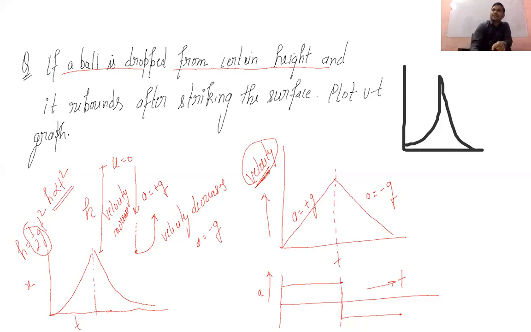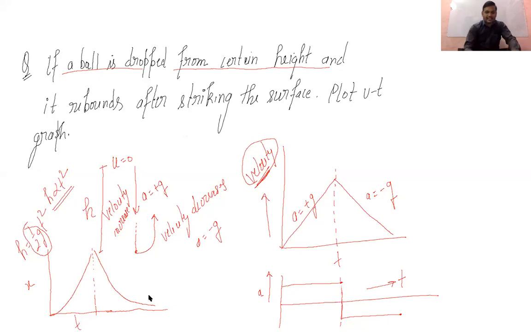In this case, it is going upward, and when it reaches the maximum height, if you are talking about the position, sometimes it is also drawn like this. Wait for a minute. Sometimes it is also drawn like this, because you can see that if you are talking about the displacement, then it will be like this.